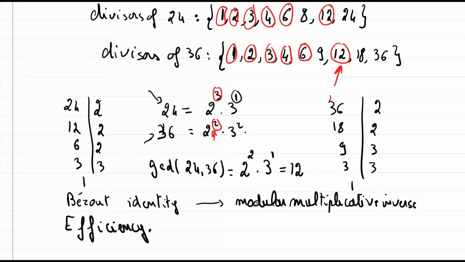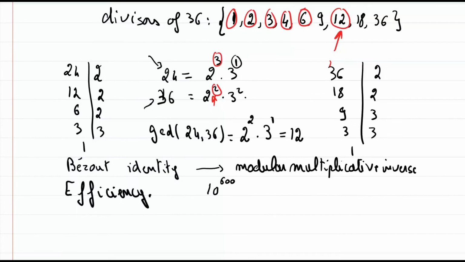But for very large numbers, for example, each time your web browser wants to have a secure connection to some server, the usual protocols use numbers of the order of 10 to the power 600. So if you want to write them down in their decimal representation, you need let's say 10 lines or something like this. So a huge number.